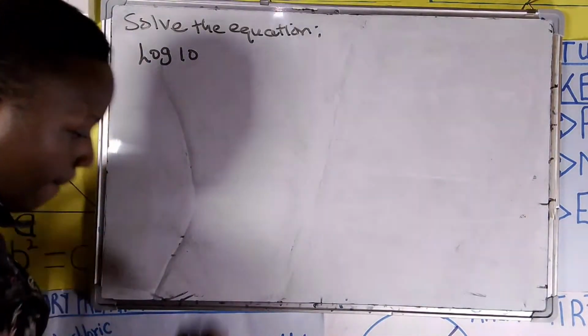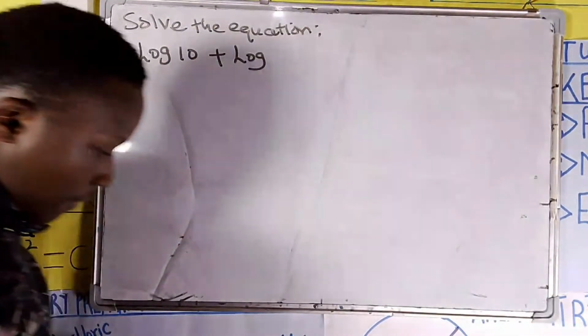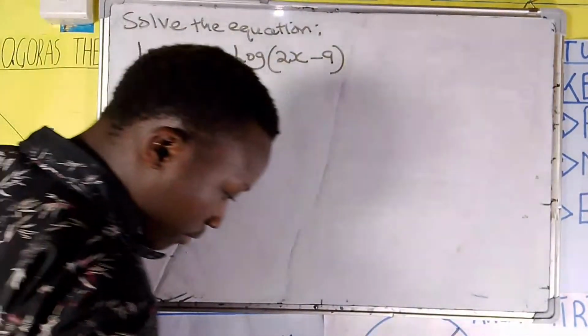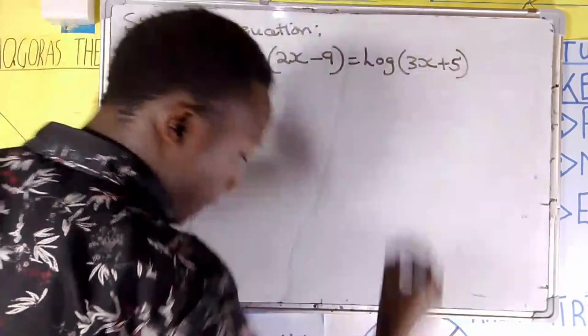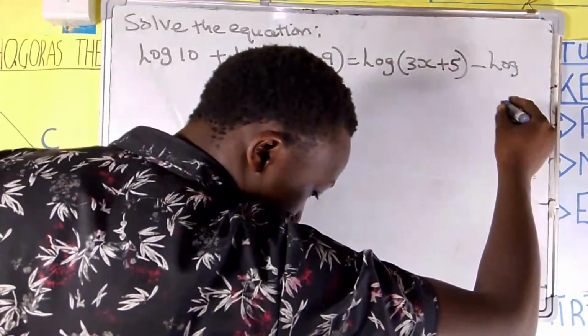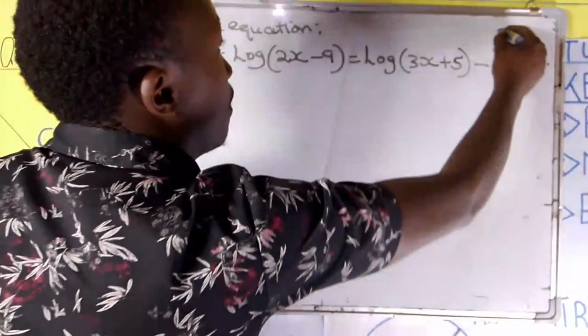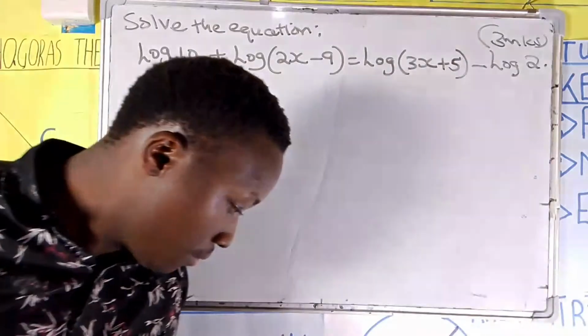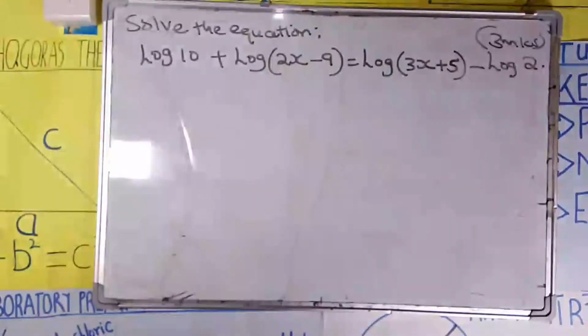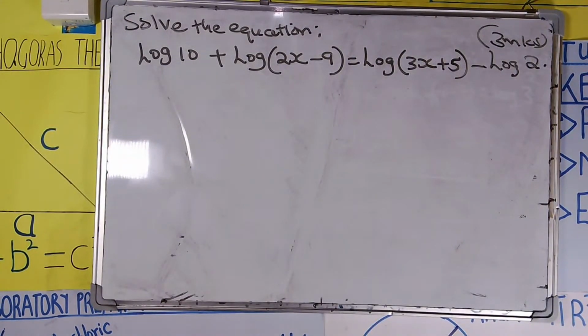Logarithm of 10 plus logarithm of 2x minus 9 is equal to logarithm of 3x plus 5 minus logarithm of 2. 3 marks. Do that one.